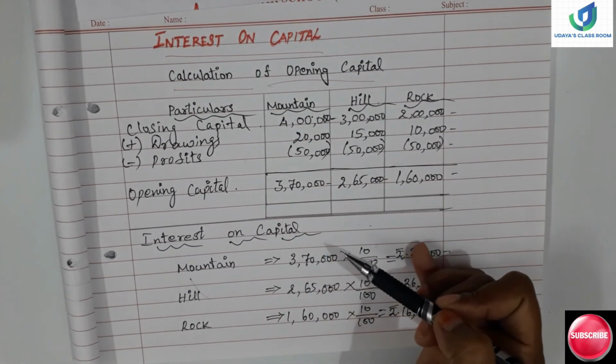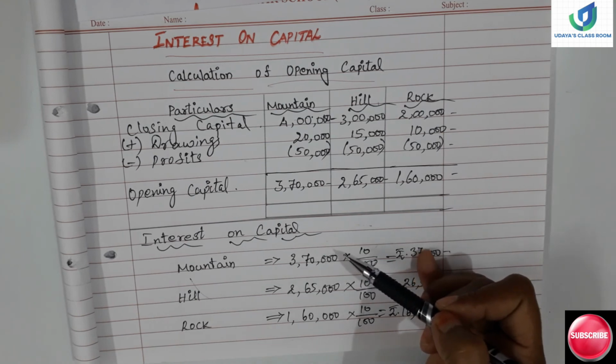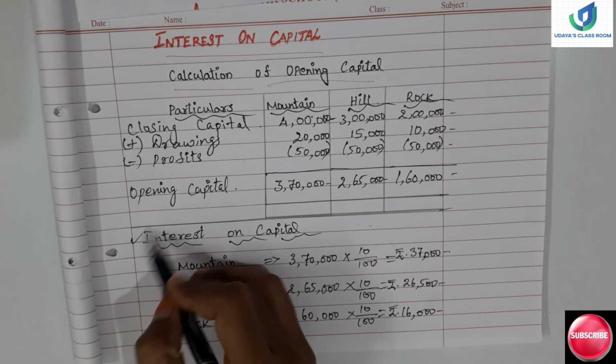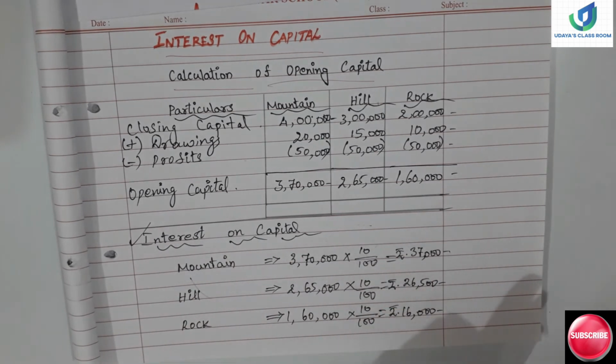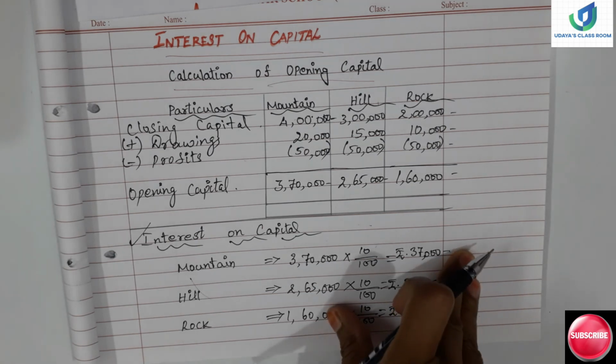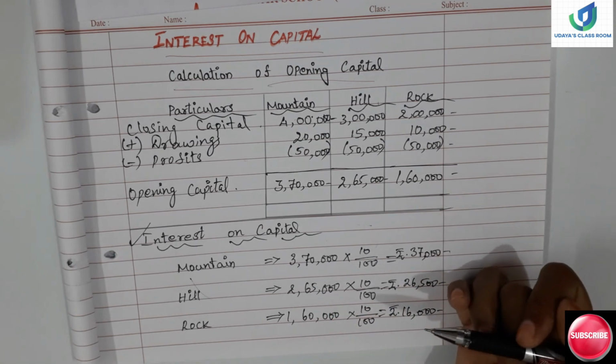Remember this point very clearly. Any question asking to calculate interest on capital, you always have to search for the opening capital. Without the opening capital you cannot calculate the interest on capital. This is a very simple sum. There are chances you may receive a 3 marks or 4 marks question on calculation of interest on capital.